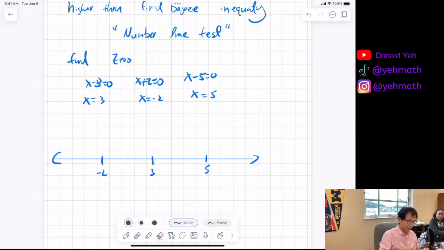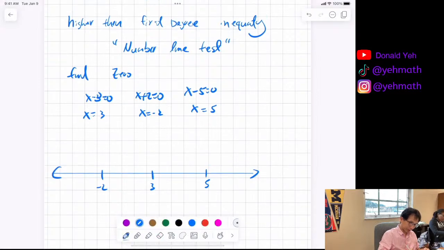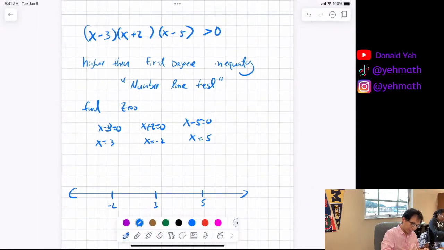So you line up the zeros like that, and you line up the factors, x minus 3, x plus 2, x minus 5. So far, do you guys have any questions?